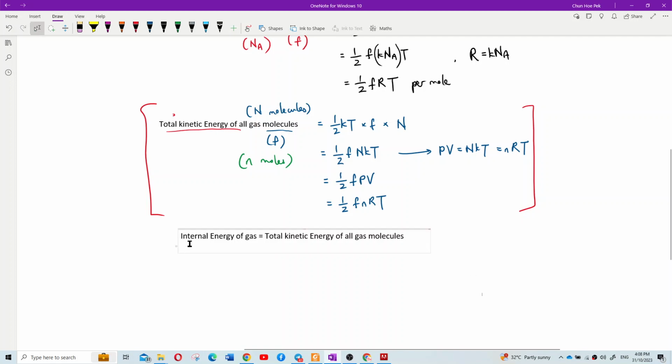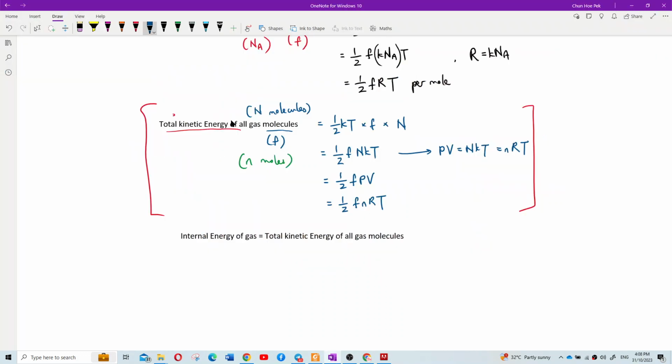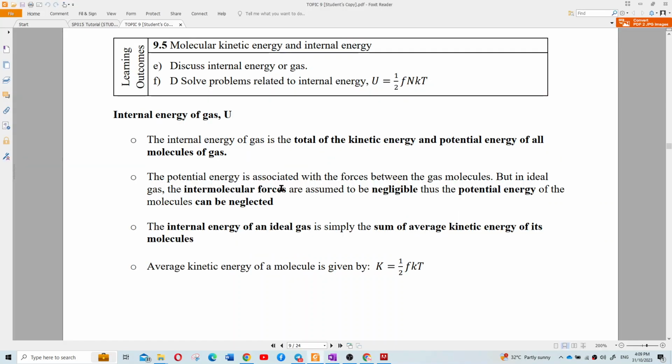In other words, I can say it like this: the internal energy of gas, the symbol is U, is equal to the potential energy plus the kinetic energy of gas. But the potential energy is neglected because intermolecular forces are negligible.